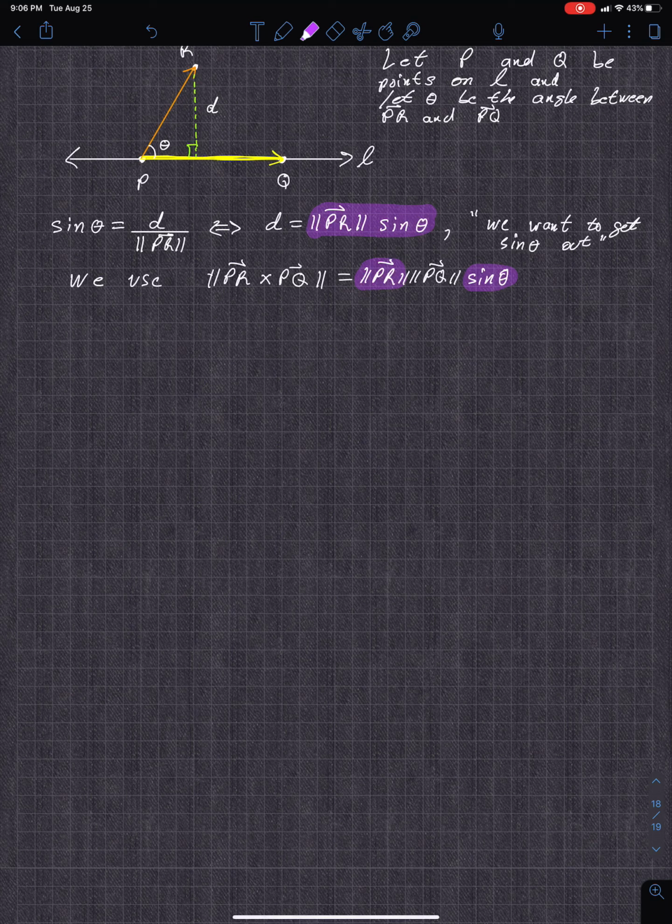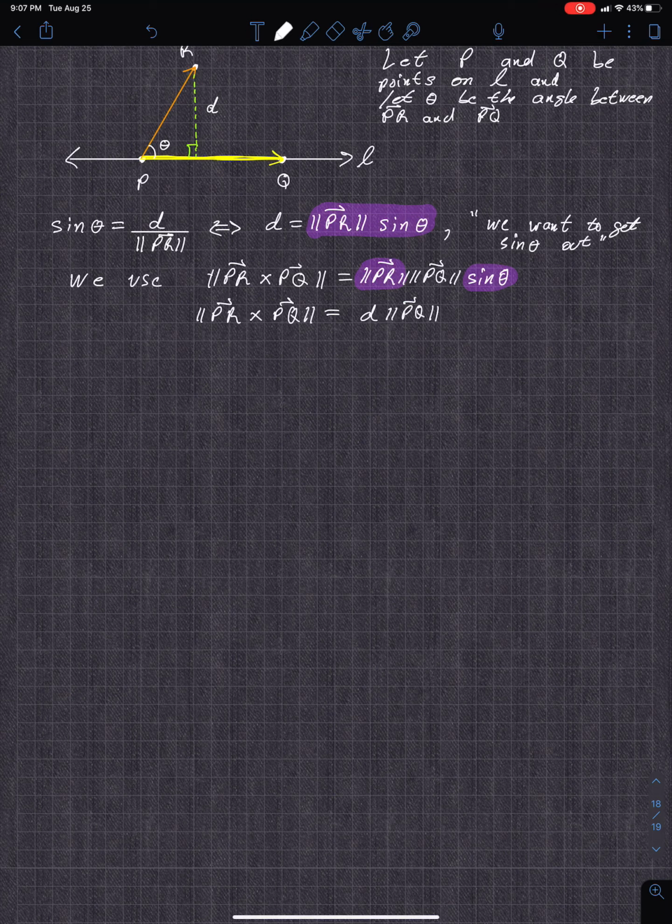We can substitute PR sine theta and write D instead. Right, so what's in purple, we just put D. So you end up with magnitude of PR cross PQ is equal to D times magnitude PQ.